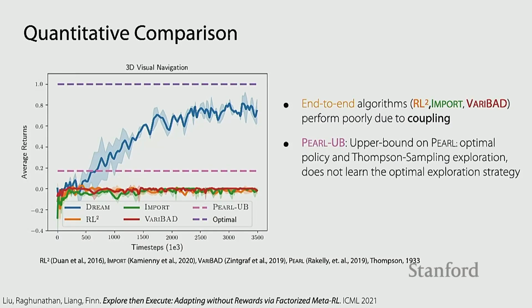We see that using something like posterior sampling is able to do better than these approaches, but it cannot learn the optimal exploration strategy because it's going to try to go to objects and get negative rewards when you go to the wrong object. And then lastly, the last approach that we talked about can efficiently learn a good approach, and it also starts to approach the optimal reward for the task.